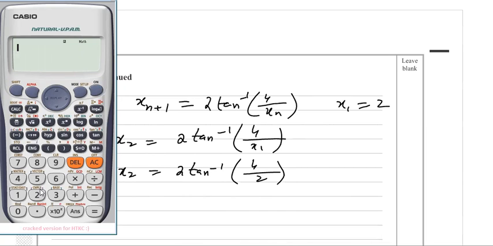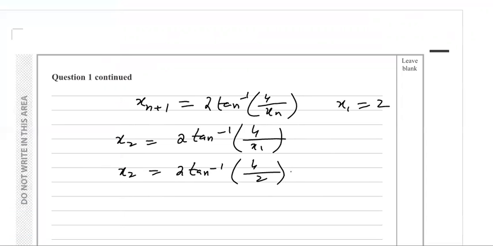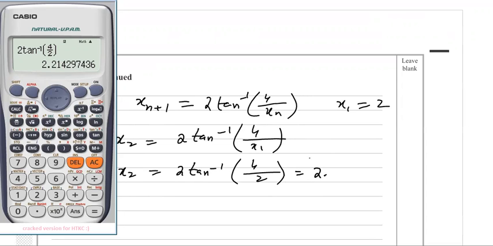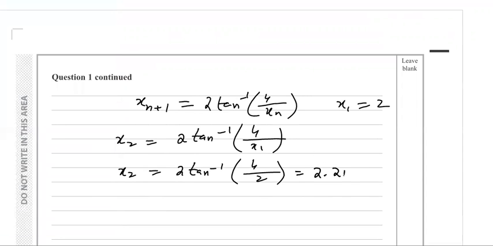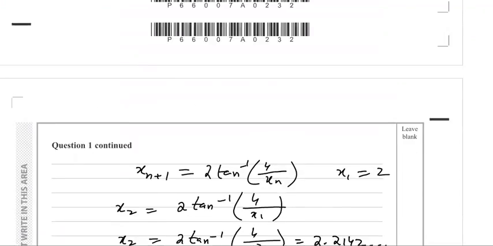Now take this value, 2 tangent inverse 4 over 2. Okay, that will become 2.2142. And we have to write to 3 decimal places.